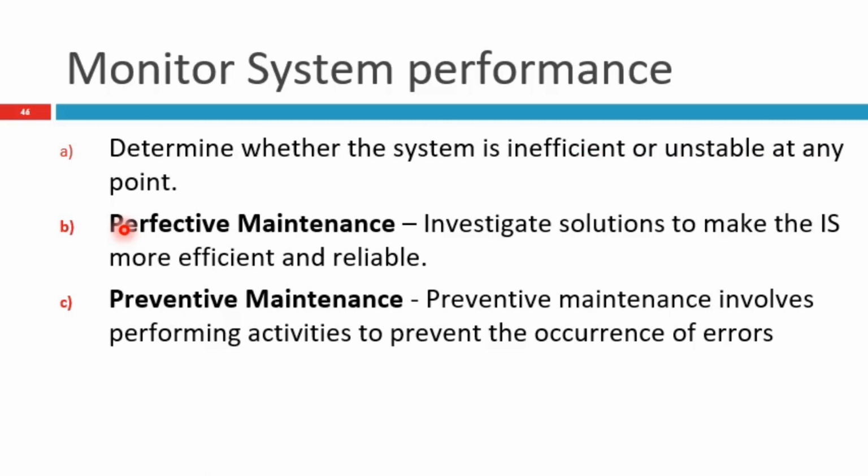The first one is perfective maintenance, which is to investigate solutions to make sure that the new system is efficient and reliable. Then we have preventive maintenance. Preventive maintenance involves performing activities to prevent the occurrence of any errors.